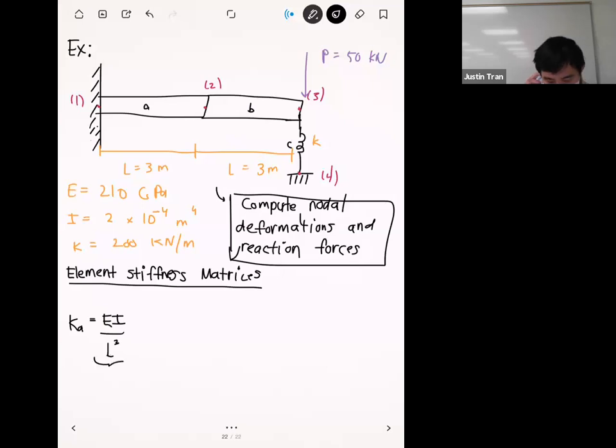E in this case is 210 gigapascals, so we have 210 E9. I here is 2 times 10 to the minus 4, so it's going to be 2E minus 4. All divided by L cubed. And L cubed here is going to be 27 meters cubed. Whatever that quantity is, you can plug that in and see.